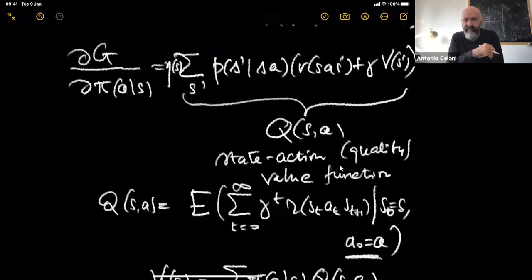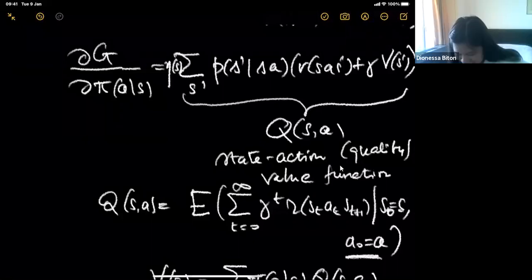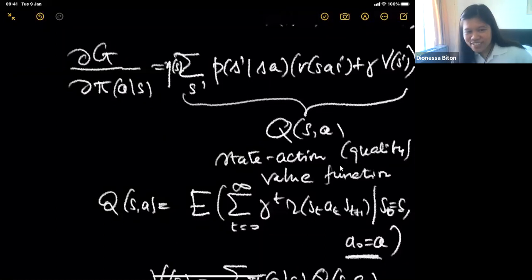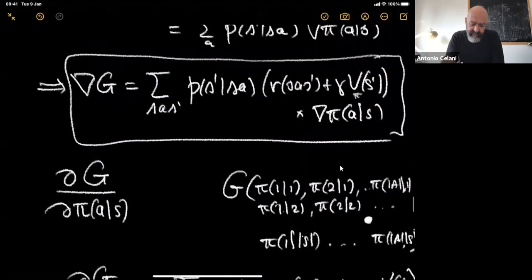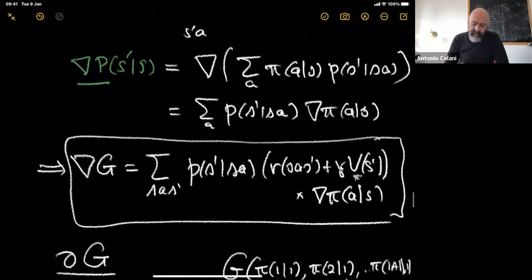Any other question? I have a question. Yes, please. If we take the gradient of G, will we do this numerically or analytically? When you have this expression in front of you, you can compute it numerically as follows.